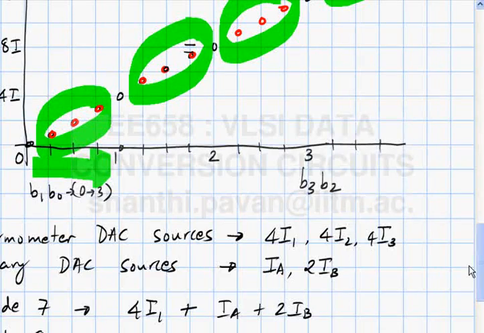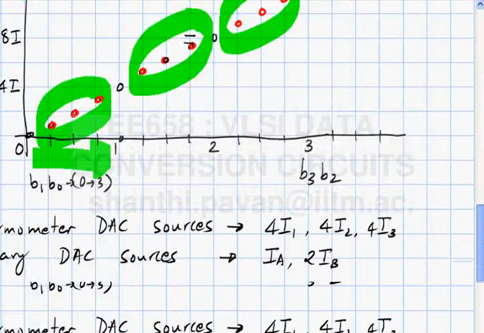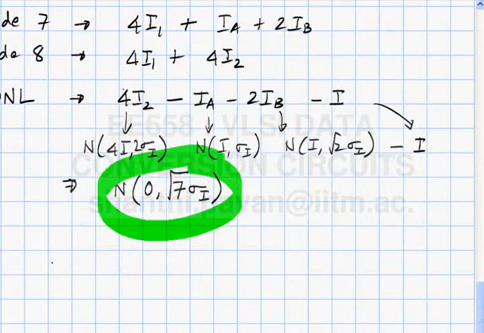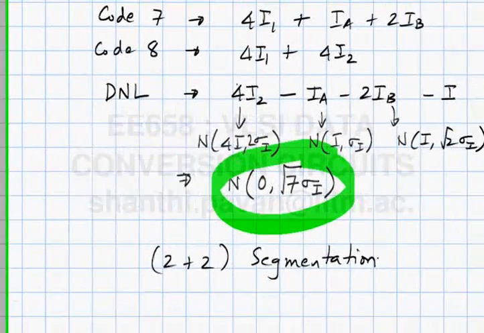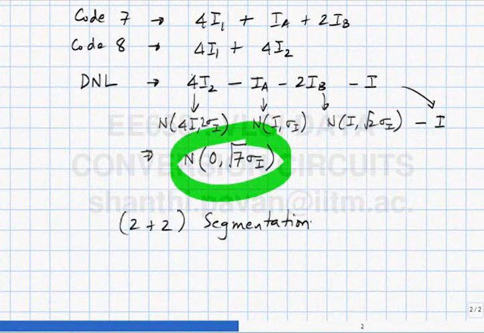So this is what is called 2+2 segmentation, isn't it? I have taken the first 2 MSBs and realized a thermometer. The 2 LSBs are realized using a binary weighted affair. Can somebody comment on whether I should be doing the thermometer for the MSBs or for the LSBs?